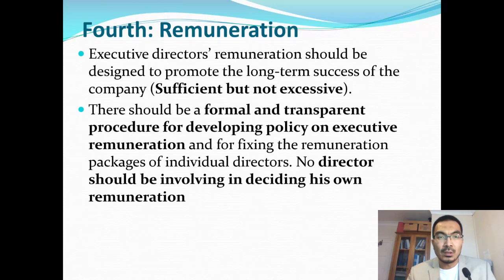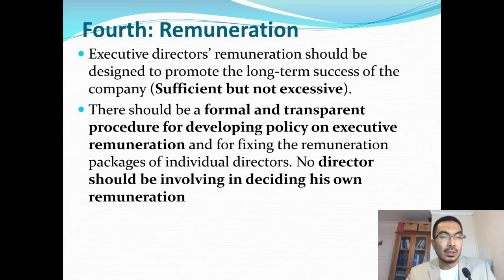The fourth one is remuneration. Under remuneration, the executive directors' remuneration should be designed to promote the long-term success of the company. It should be sufficient but not excessive. There should be a formal and transparent procedure for developing policy on executive remuneration and for fixing the remuneration packages of individual directors.